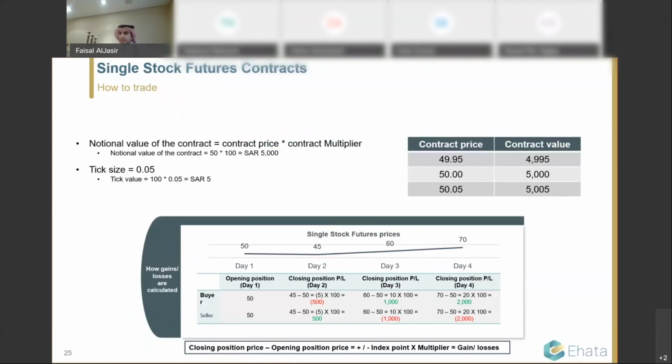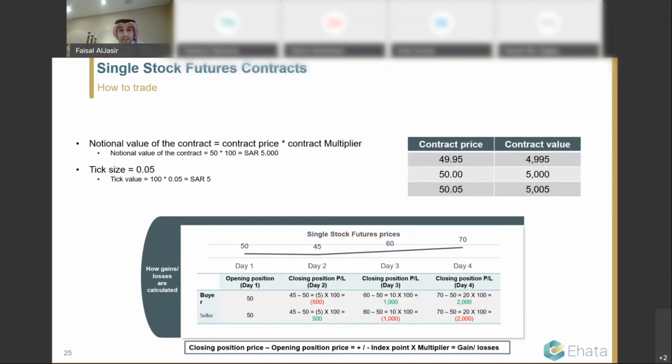Here in the example, we are talking about the same thing. However, in this case, it's not an index future; it's a single stock future contract. The same idea, but if you look, the tick there was around 0.5. We're talking here about a tick of 0.05, i.e. the tick value in Saudi Riyal is 5 Riyals instead of 50. The multiplier is the same, 100. The contract price there, 49.95 and 50, and the contract value.